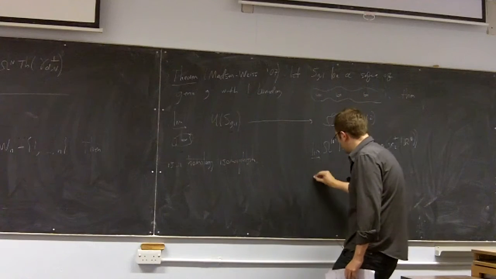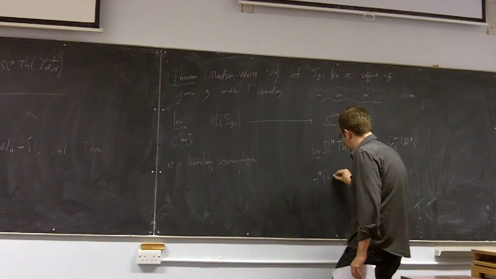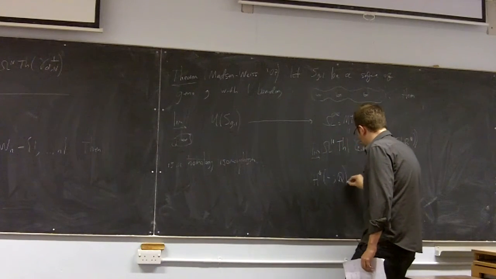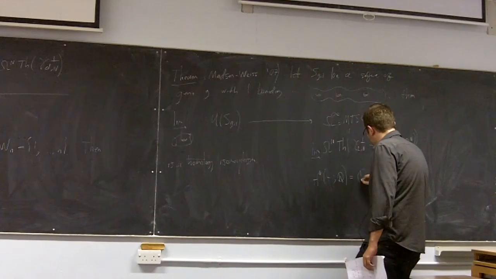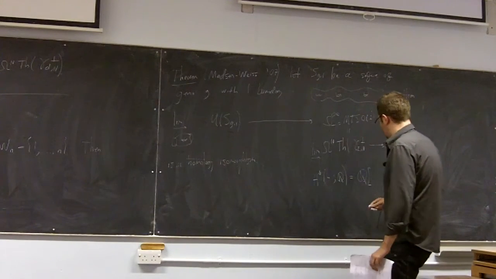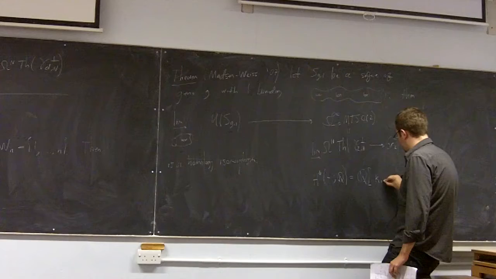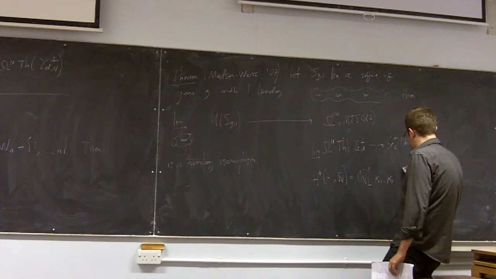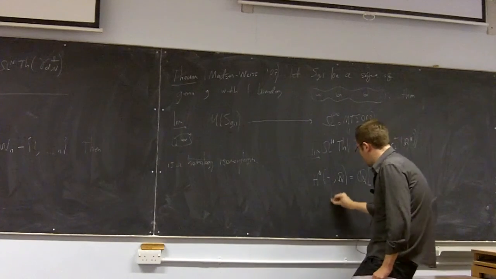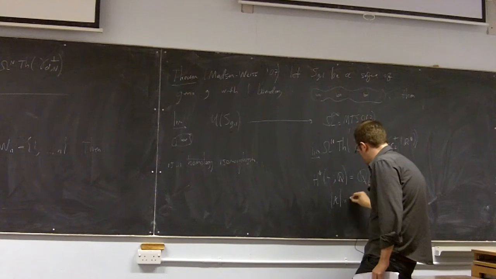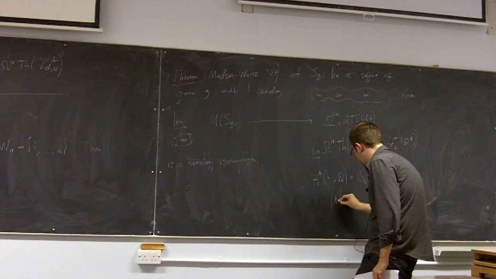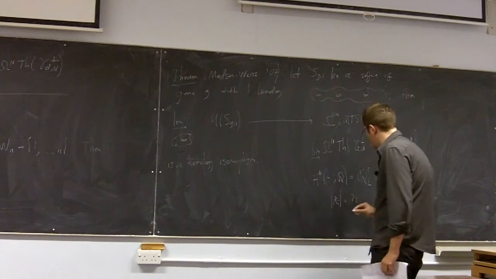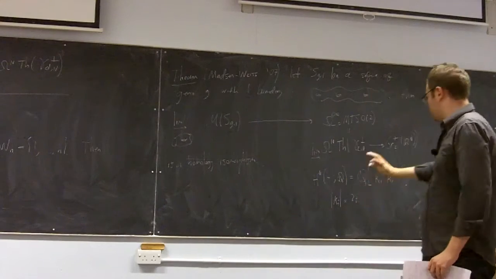And here it's not difficult to see that the rational cohomology is a polynomial algebra on certain classes kappa 1, kappa 2, and so on, where kappa i has degree 2i. And these are very well known.